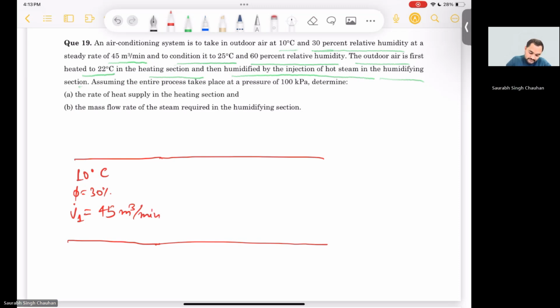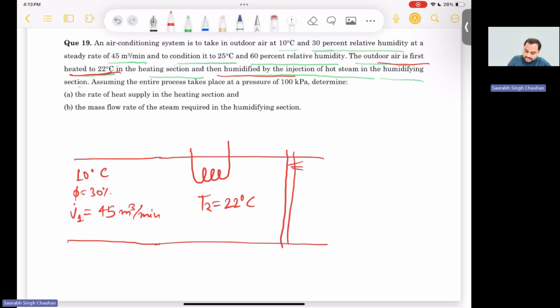Then the outdoor air is first heated. So there should be some heating coil. It is heated up to 22 degrees Celsius, so here the temperature T2 becomes 22 degrees Celsius, and then humidified. So there should be some humidifier, which is nothing but a system that can inject water sprays or steam.